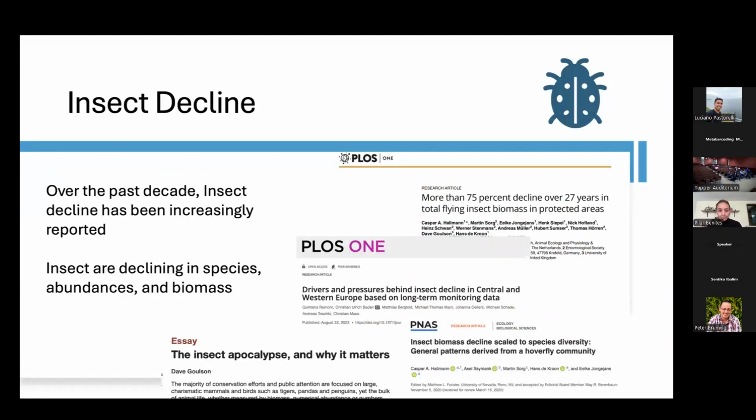Over the last decade, insect decline has been increasingly documented, and even when there's some debate about the extent of this decline in specific groups, they all agree that insects are declining in species, abundance, and biomass.